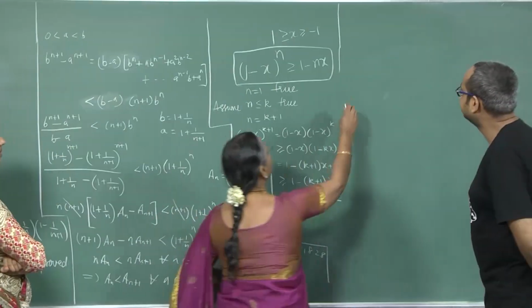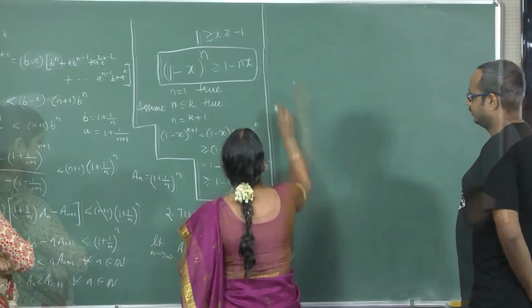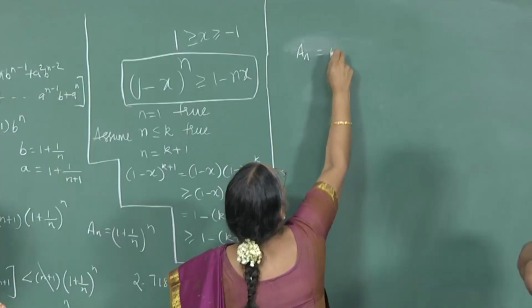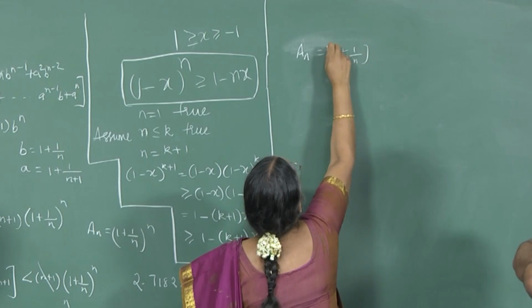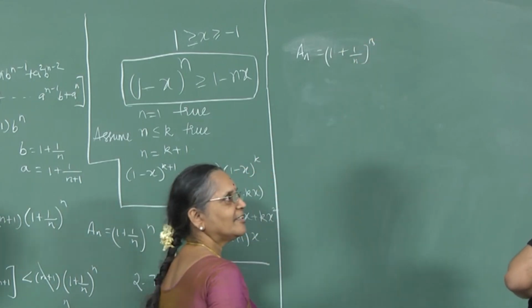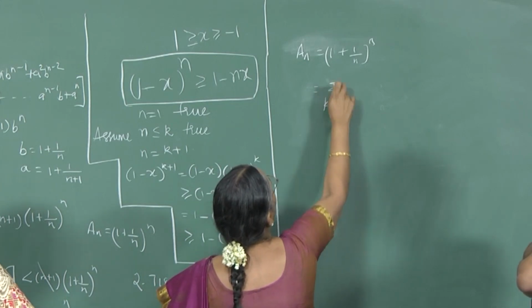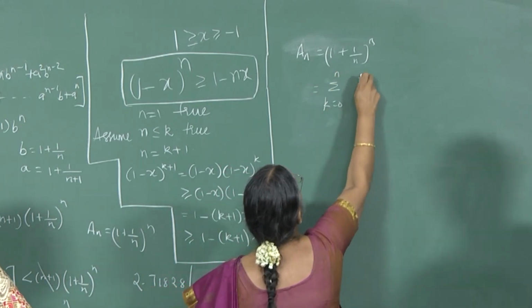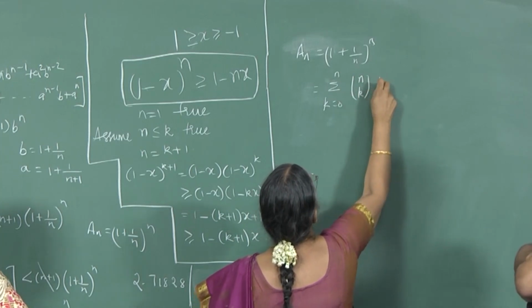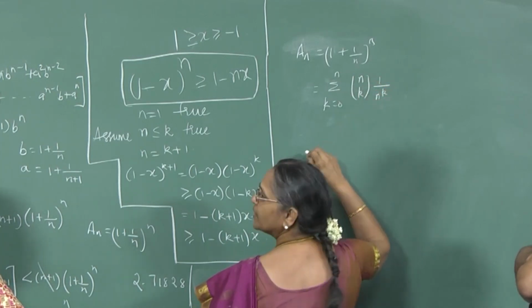Start with a_n is (1 + 1/n)^n. So this will be the sum for k = 0 to n of nCk into (1/n)^k. Binomial theorem.